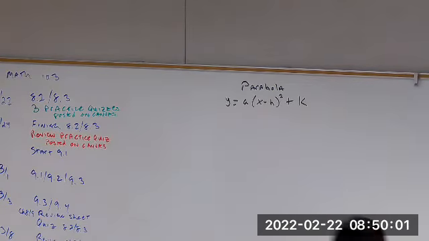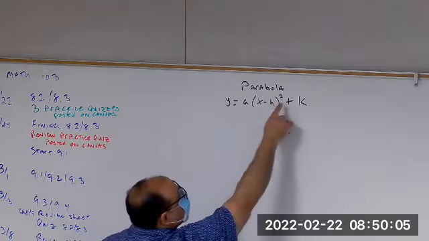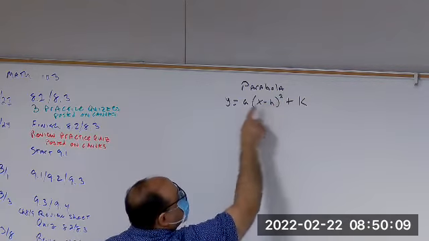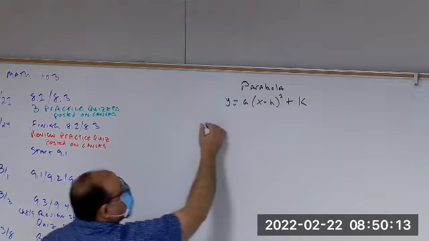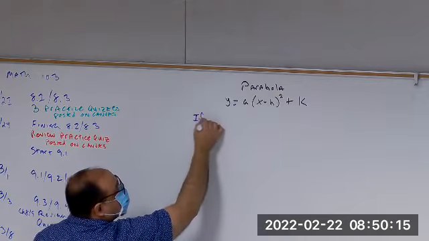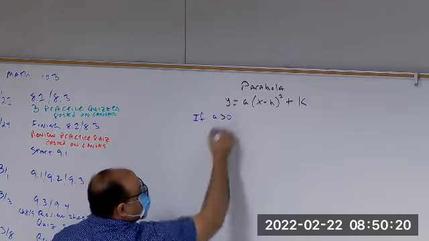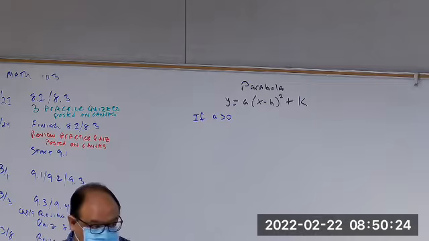So right here, right now, A is the coefficient that's in front of whatever's being squared. If A is greater than 0, it's positive.